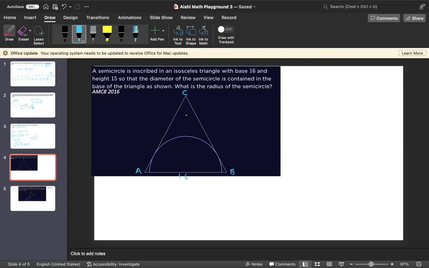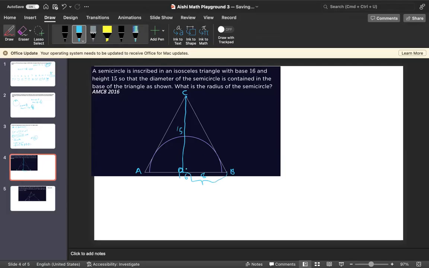Okay, so we can start by making the height, which the question tells us is 15, and we can call this point O, so that OC is the height, and we know that OB is 8.